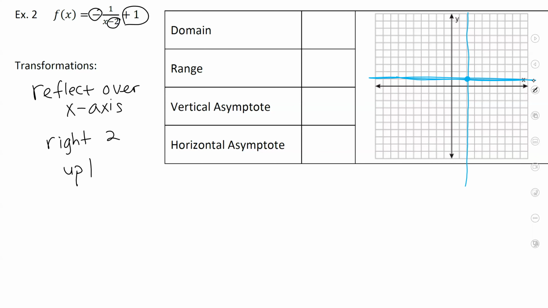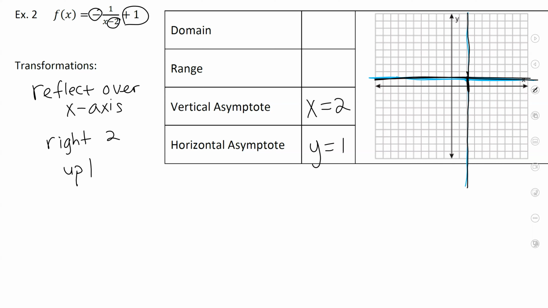So guys, let's answer some questions real quick. My vertical asymptote, it's this one right here. Where is it? Yep, x equals 2. It's crossing the x-axis at 2. Okay, my horizontal asymptote, I went through the y-axis where? 1.